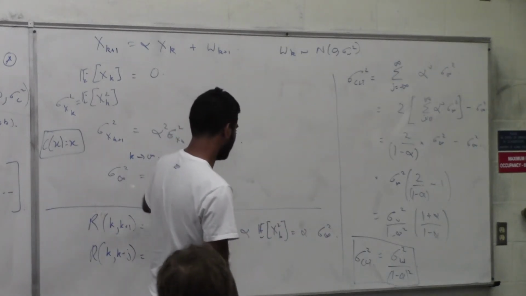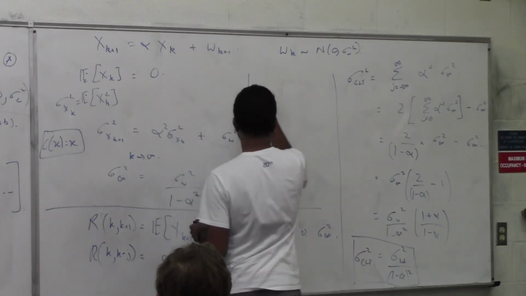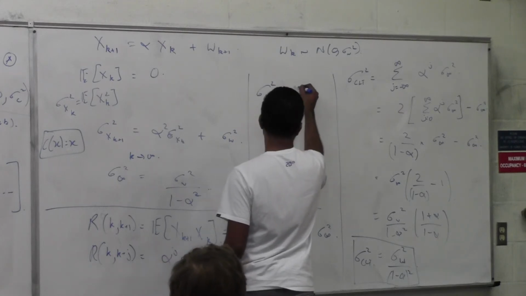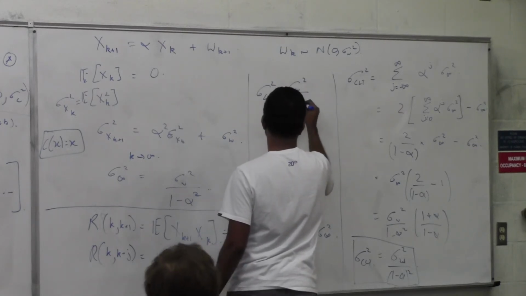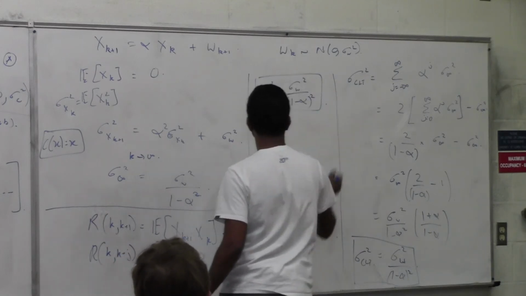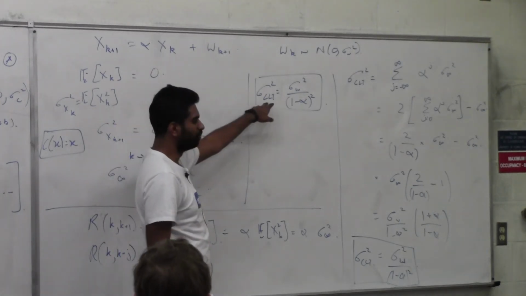So, if you take a look at this thing over here, if alpha is super close to 1, you can see this blow up, right?